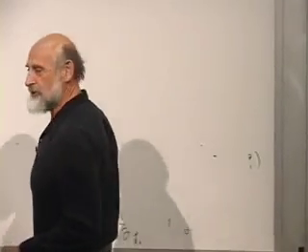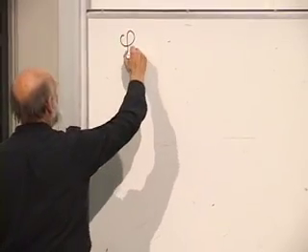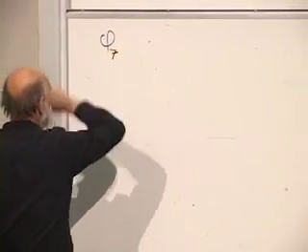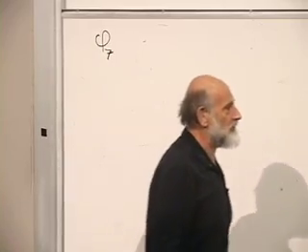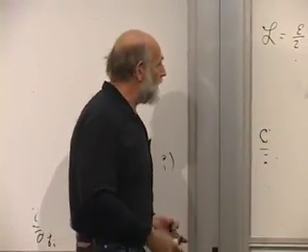It doesn't have to be 7, but let's focus on i equals 7. We're going to work out the equation of motion for phi sub 7. Where does phi_7 occur, and where does phi_7 dot occur?